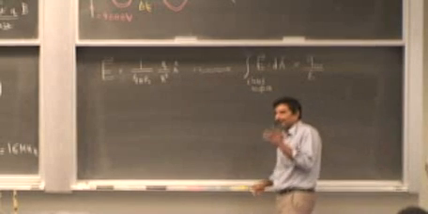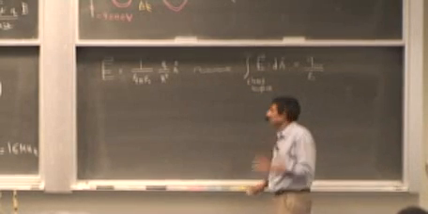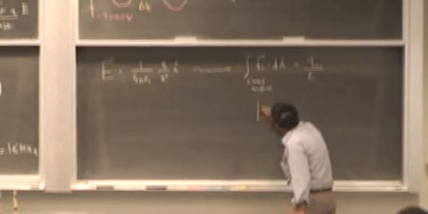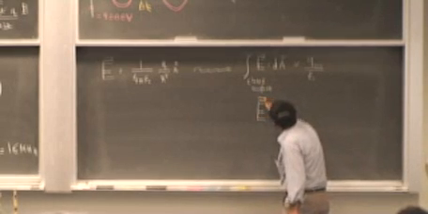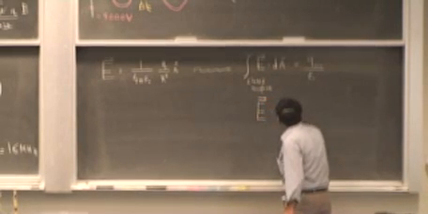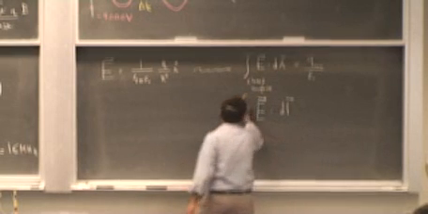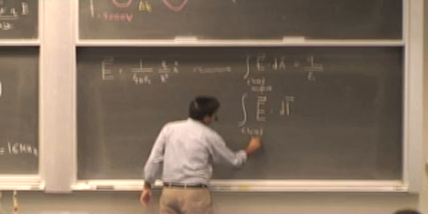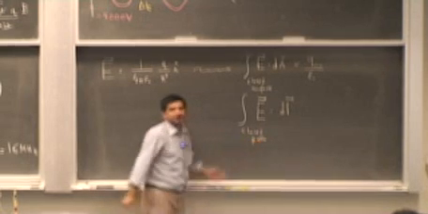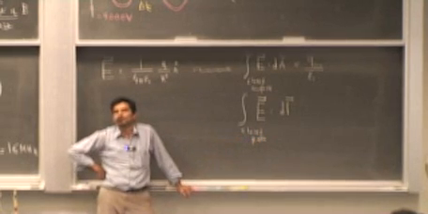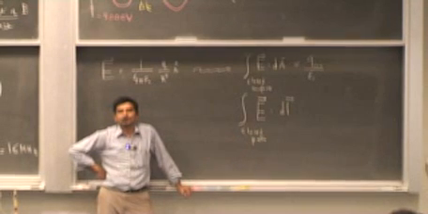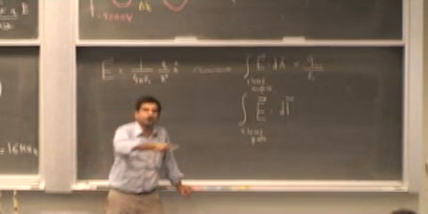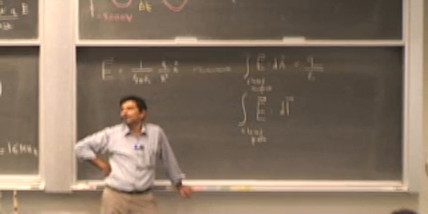We've also seen in disguise a relationship like this, E dotted with dl over some closed path. Okay, if we have static charges, what is this integral equal to? What's the potential difference if you move in a closed path? 0.